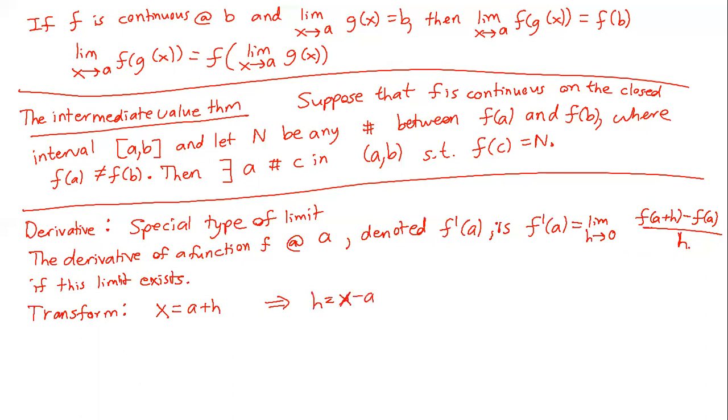So when I see h, if I put x minus a in both of these parts of the equation, what I get is that f'(a) is equal to the limit of (f(x) - f(a))/(x - a). The only other part we have to figure out is how to transform h goes to 0 into something in terms of x. You can see h is going to 0 if x is approaching a, so this would say x goes to a. So that's our definition of derivatives.